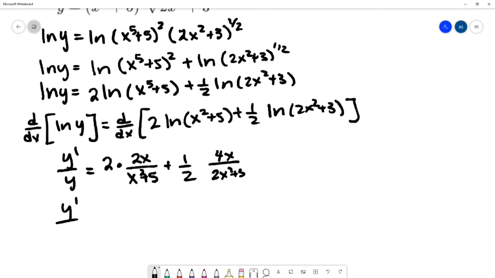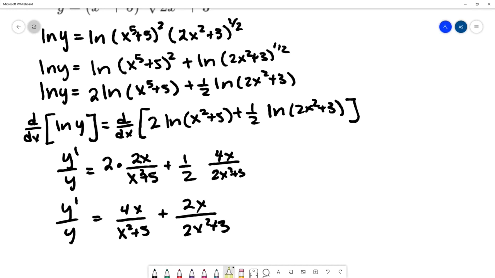I'll go ahead and do a little bit of algebra cleanup. We have 2 times 2x would be 4x over x squared plus 5. The 2's cancel, giving us 2x over 2x squared plus 3. And it looks like I made a change here. I changed this x to the 5th to x squared here, so let's make that correction.